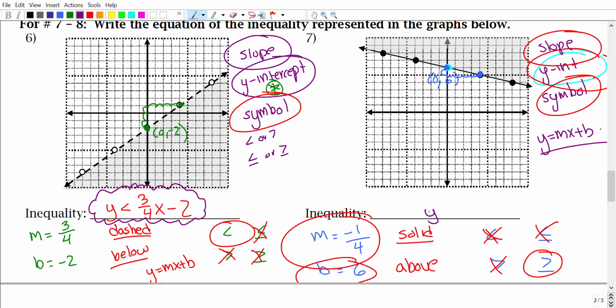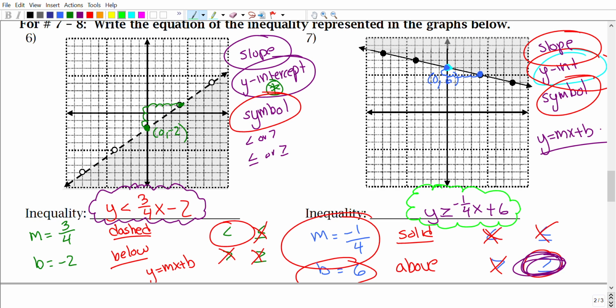It's going to be y, and my symbol was greater than or equal to. My slope is negative 1/4 x plus 6. And there we go. So y is greater than or equal to negative 1/4 x plus 6.